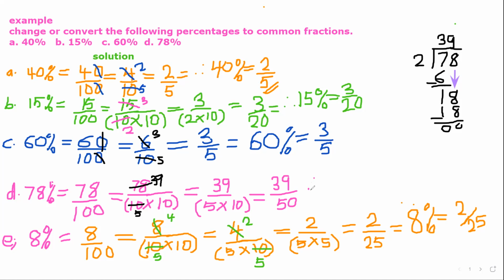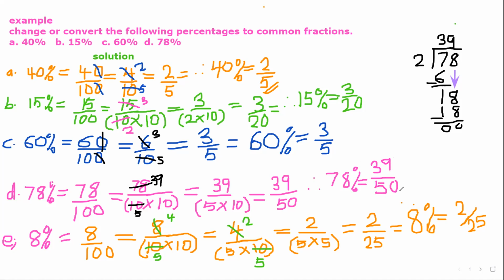And then the therefore for this side too is 78% here, which is also the same as 39 out of 50.